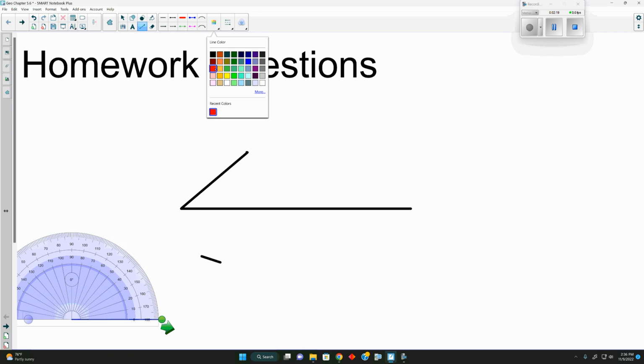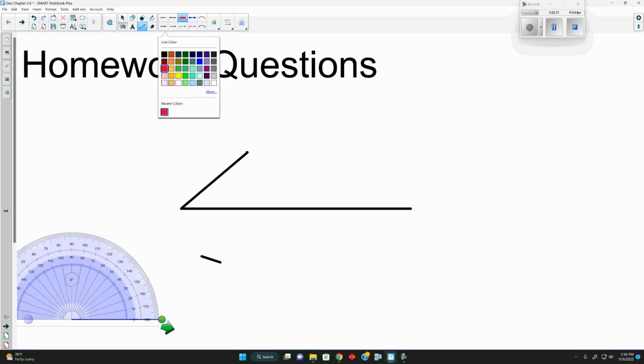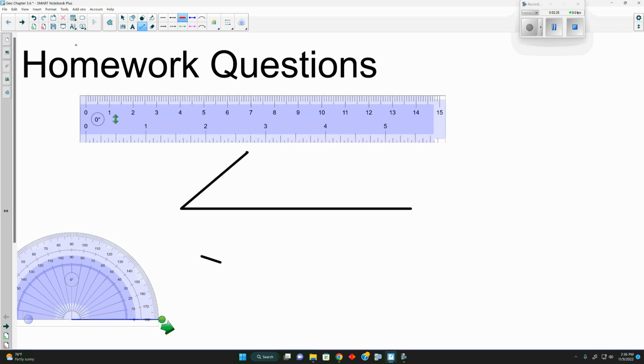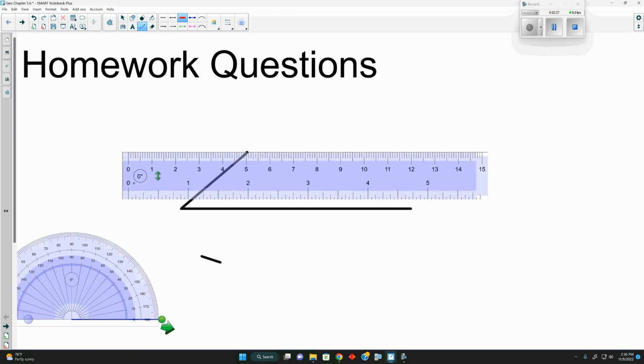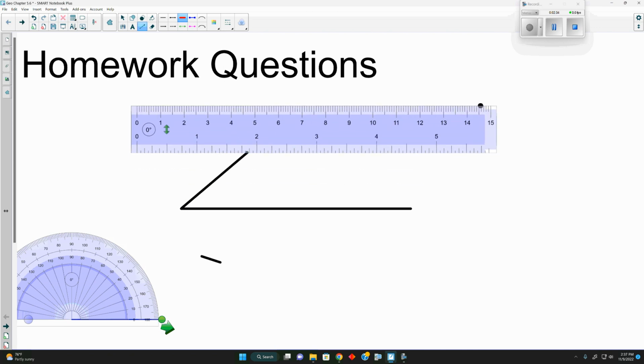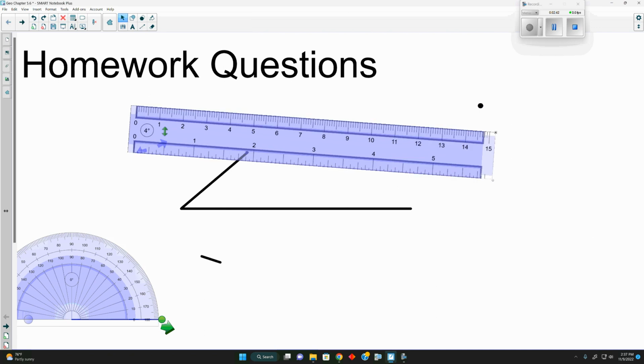let's make it red. That is a certain length. Where's our tool? Right here. Well, okay, we can flip it. Working with any tools on this here is not the easiest thing to do. So let's go there, there. There we go.